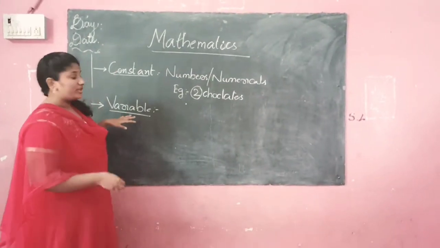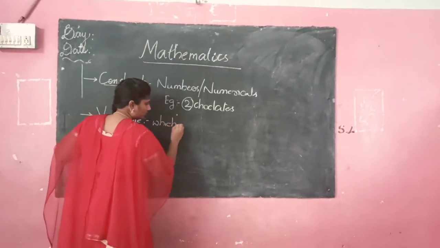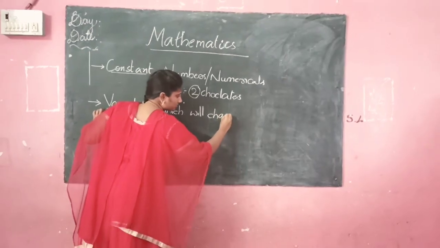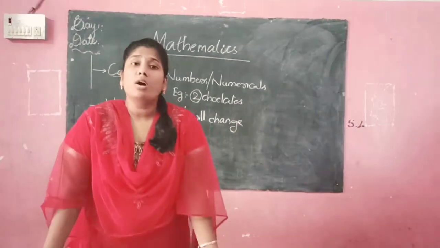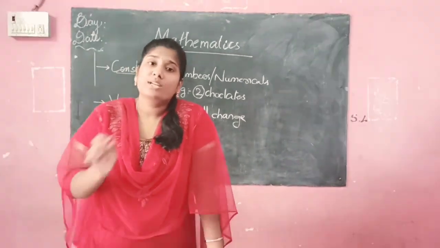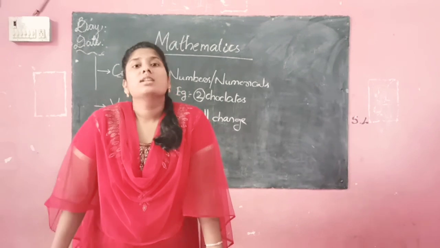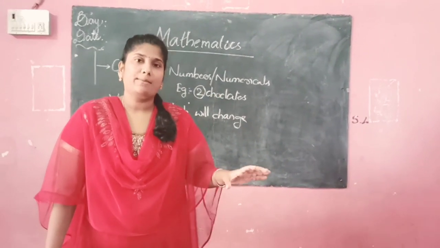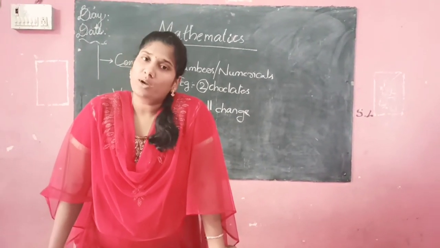Variable means which will change. So which will change means which is quite opposite to the constant. So constant ante which remains the same. Mana ela undedi alane untadi. But variable means it will differ.